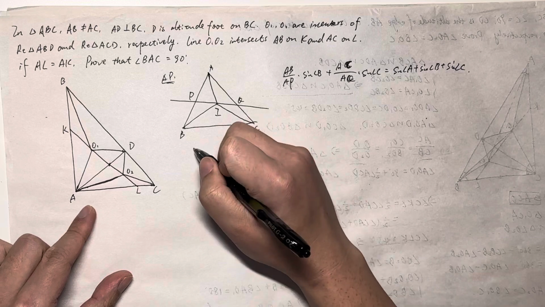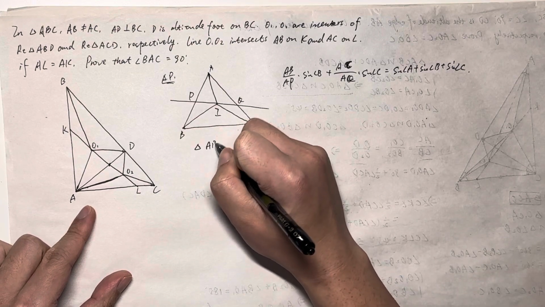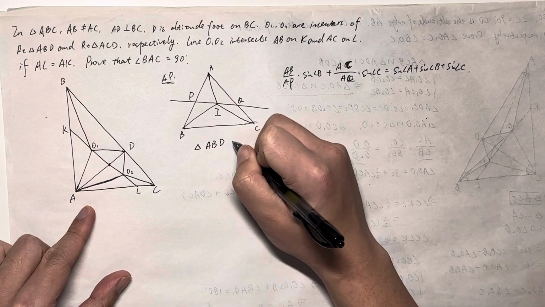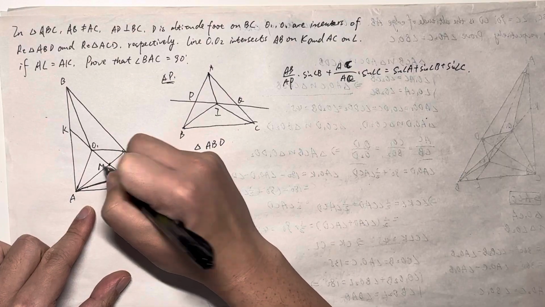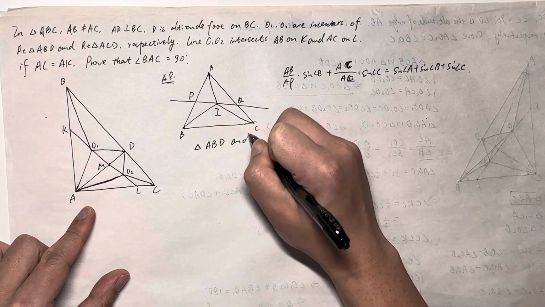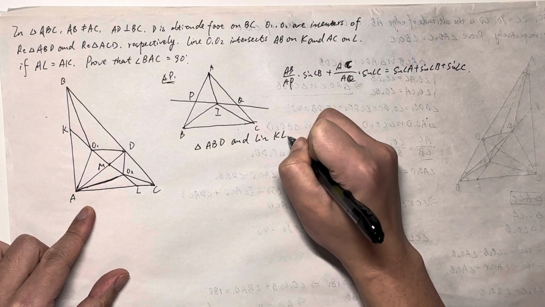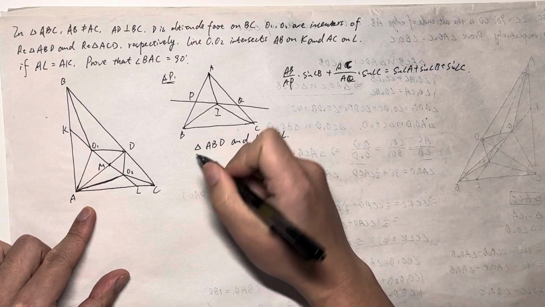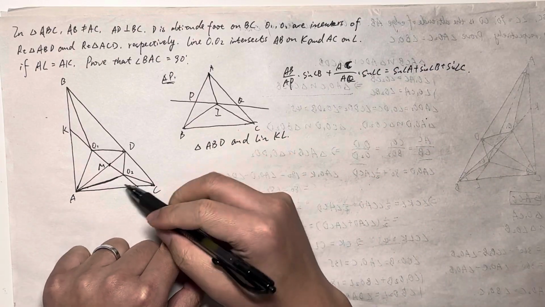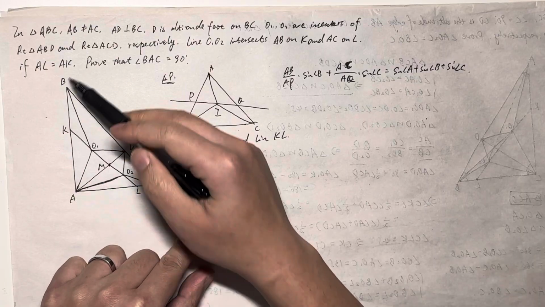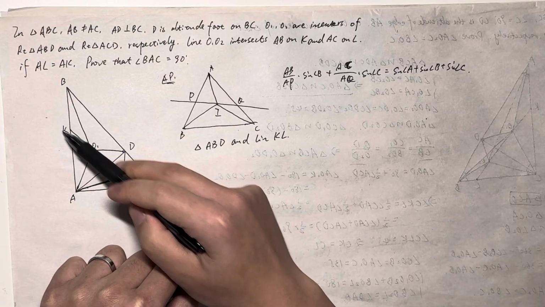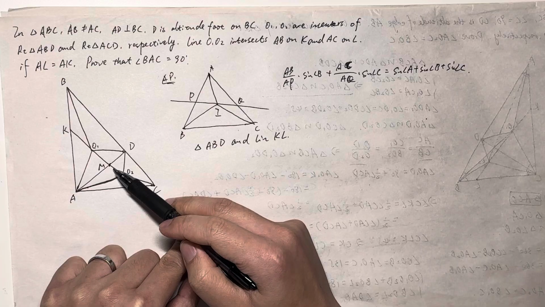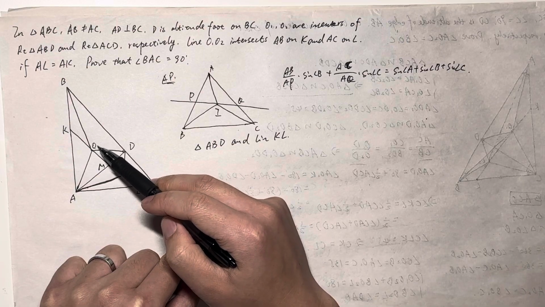So for triangle ABD, let's call this point M on line KL, right? We can use this. So here, triangle ABD and line KL, which is KM here, passes through the incenter O1, right?